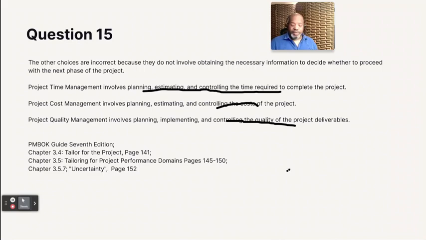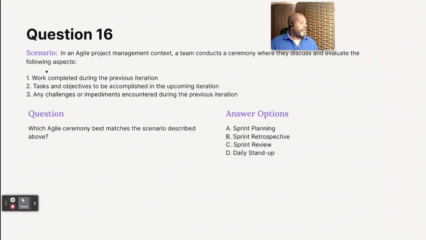Let's keep going. Another agile one. This one's on the nose agile. Which agile ceremony best matches the scenario described above? We don't know what that is, so that's what's above. Work completed during the previous iteration, tasks and objectives to be accomplished during the next phase, any challenges or impediments encountered during the previous iteration.